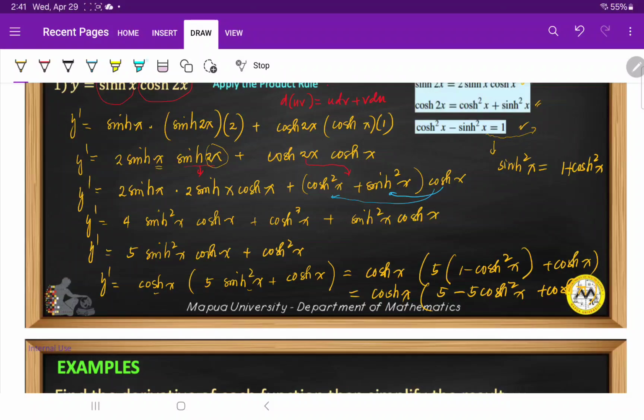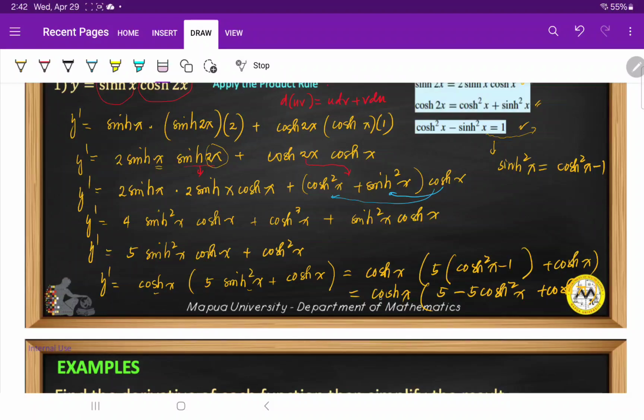So hyperbolic sine squared should be hyperbolic cosine square x minus 1. So therefore, we did something wrong with this one. This should be hyperbolic cosine square x minus 1.